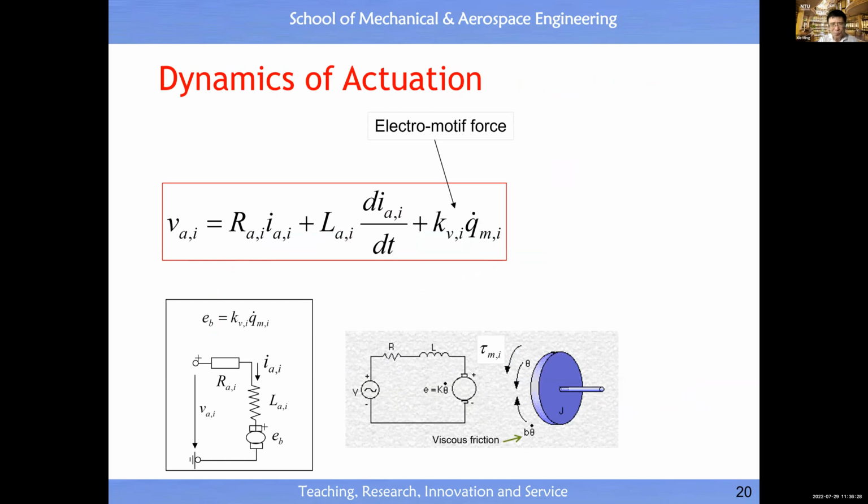Then at the electronic side, you will see the applied voltage, all right, is equal to the voltage across the resistor plus the voltage across the inductor. The coil is an inductor, right? When the coil rotates inside the magnetic field, it will generate electricity. This is the principle of electricity generation.